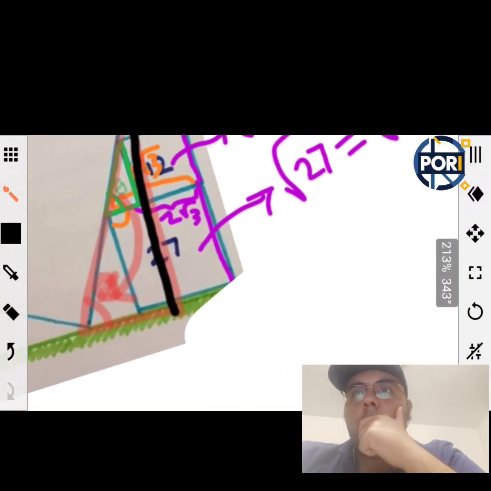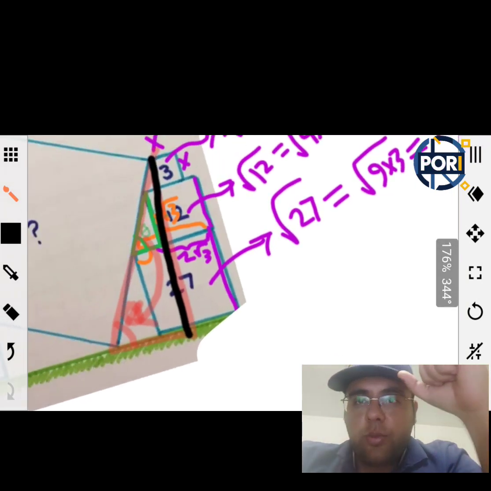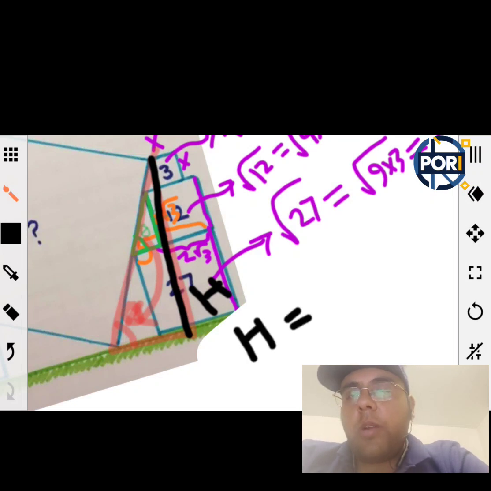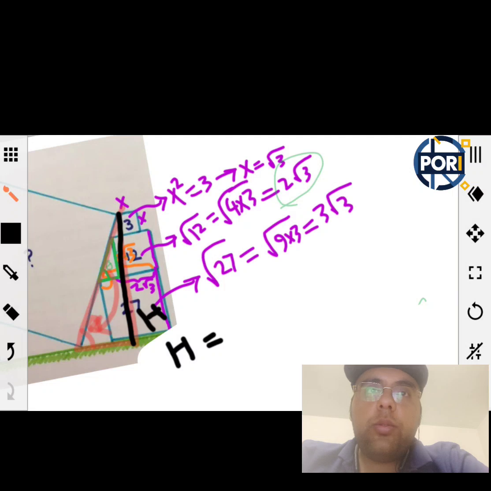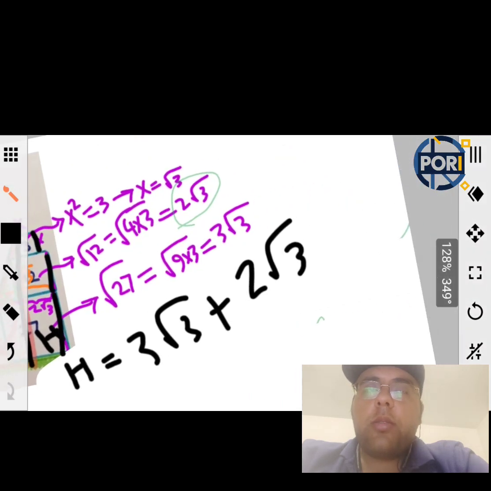If we consider the length of the opposite side as h, we can calculate h from the side lengths of the squares. h equals this side plus this side plus this side. h equals 3 times the square root of 3 plus 2 times the square root of 3 plus the square root of 3.